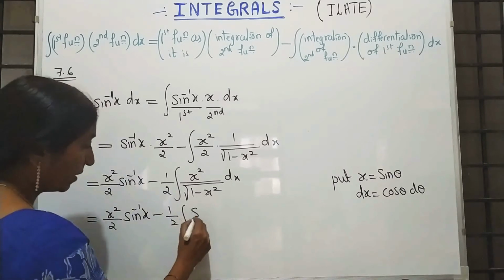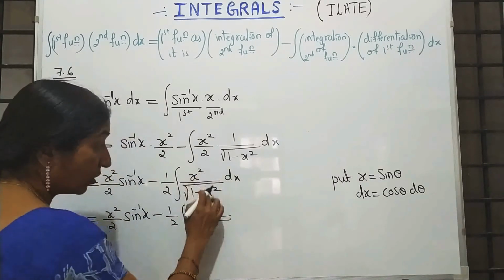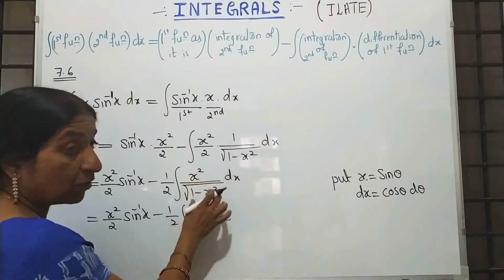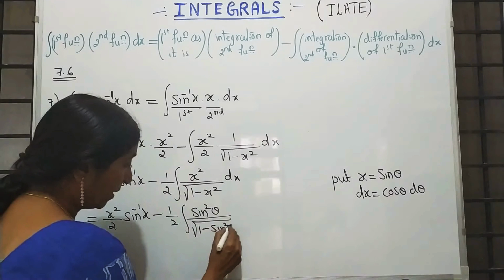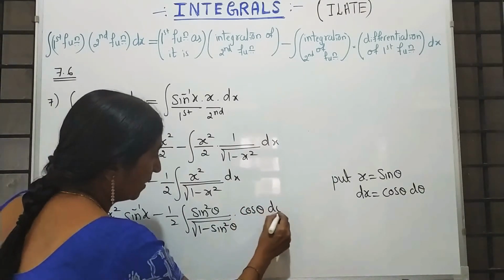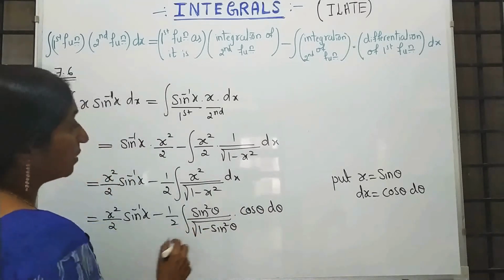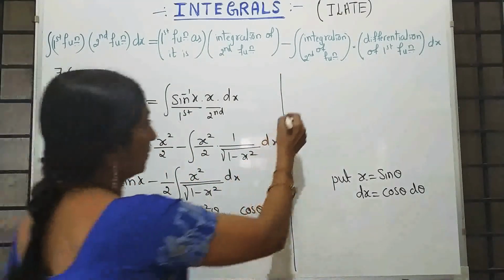Now x square is sine square theta upon root of 1 minus sine square theta. It is not u into v because it is not in the form of a product, it is a fraction. dx is cos theta into d theta. What is the root of 1 minus sine square theta? That is cos square theta.